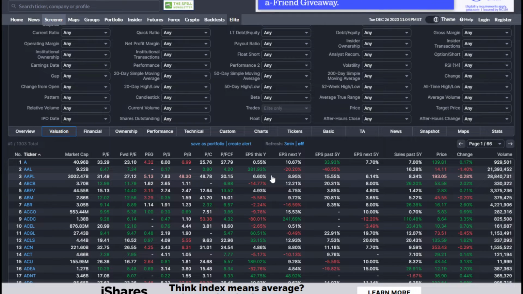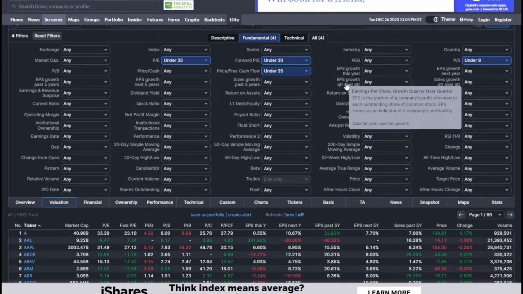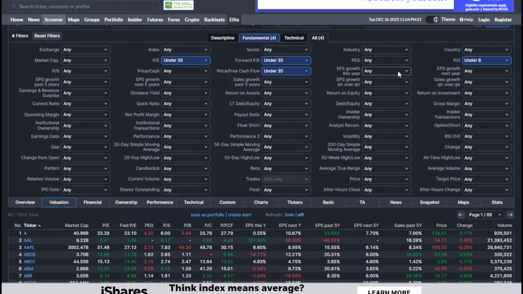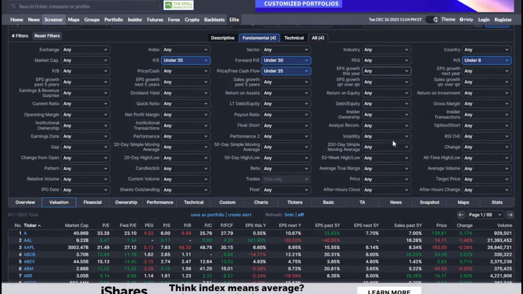Next, I want to look at the earnings per share this year, 6.6%. Here we go. Earnings per share growth this year. So we want to be at least 6.6%, so we're going to go over 5%.